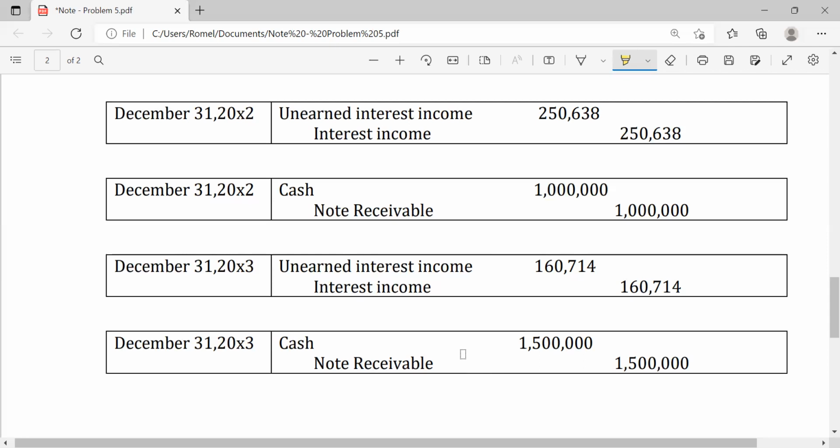So for 20X3, debit cash, 1,500,000 pesos. Credit note receivable, 1,500,000 pesos. So therefore, by 20X3, it is expected na wala ka ng receivable. By December 31, 20X3, wala ka ng receivable. Kasi lahat ng collections natanggap mo na. So that's it for the journal entries.